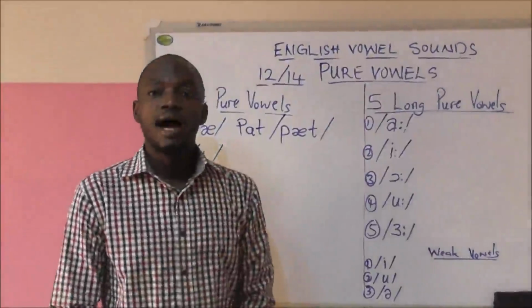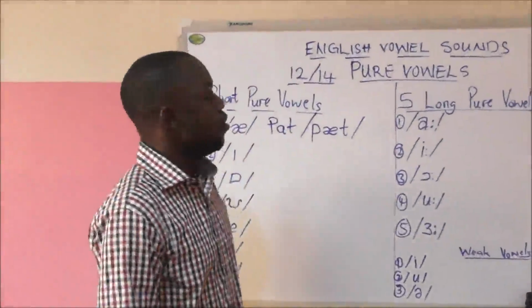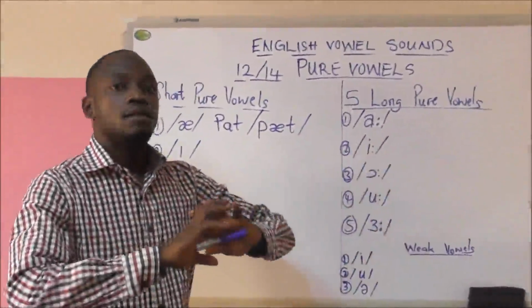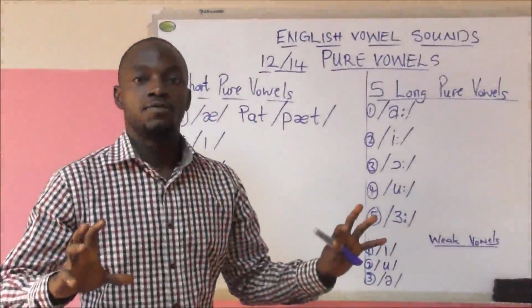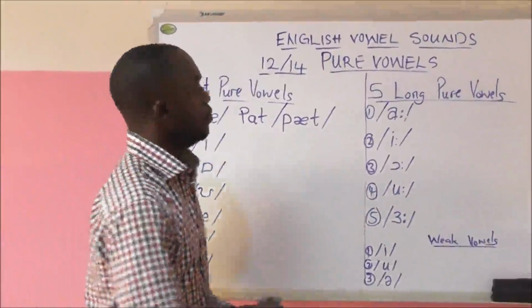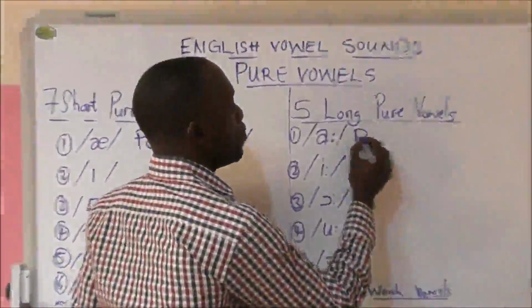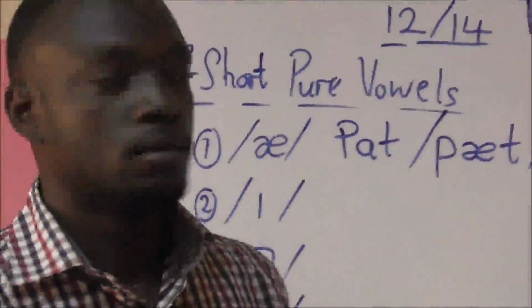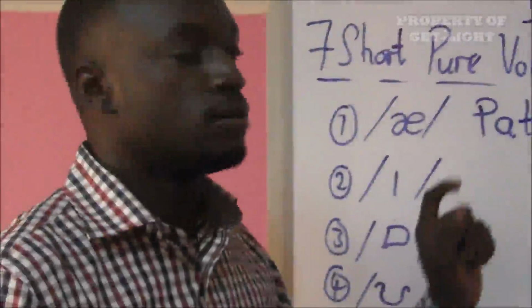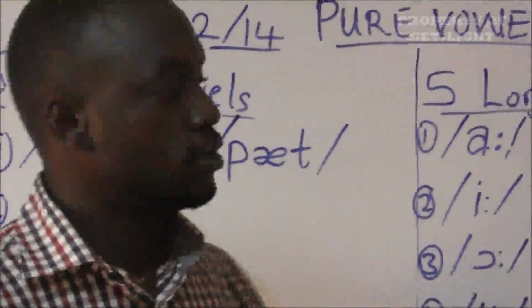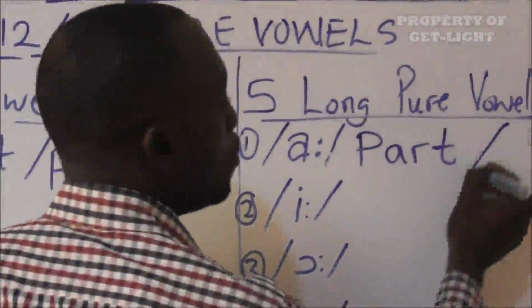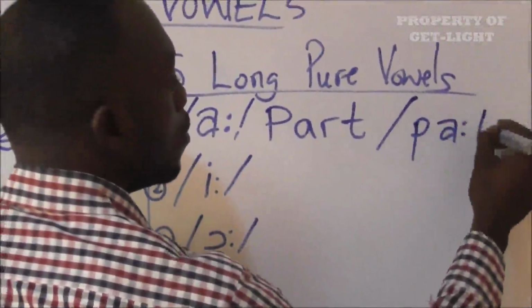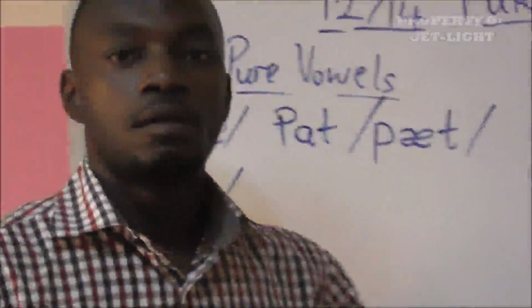Mostly words that have AR or words that have, of course, a longer version of the R sound. For example, we have heart. This is pot, and this is heart. So to transcribe it, it would be heart.